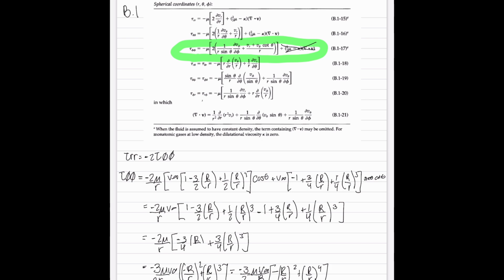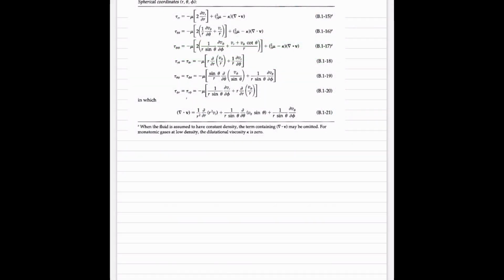Now we have to solve for the stress tensor with respect to theta. And this one, there's only one option. So we know that tau r theta equals tau theta r, and it's this one right here. And this one we do have to take partials.